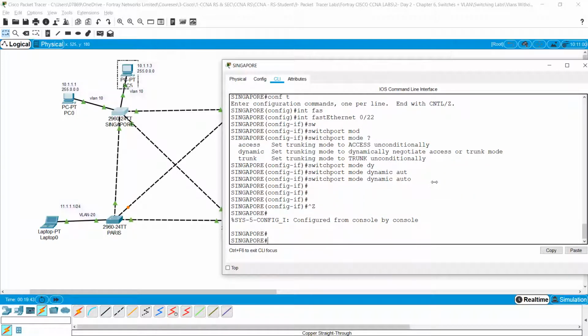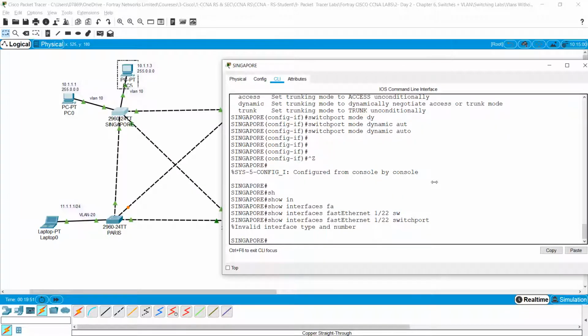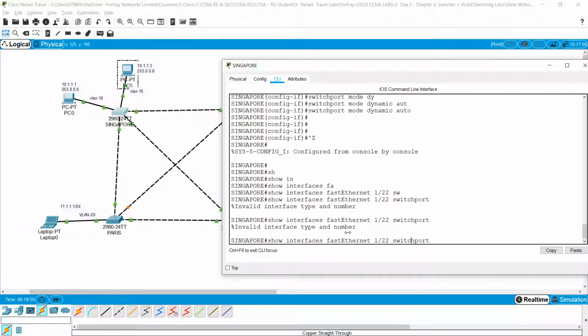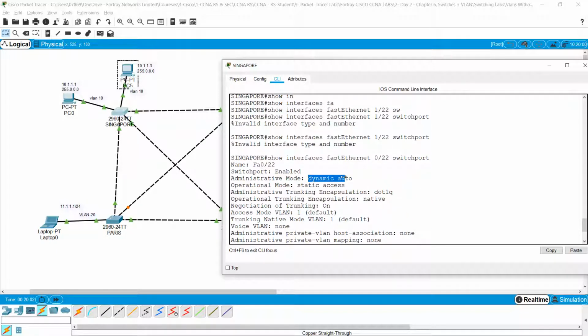For example, show interface F0/24 switchport. You see it's dynamic auto.